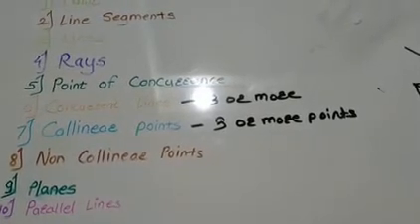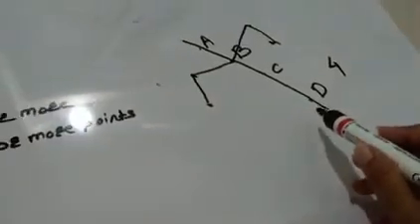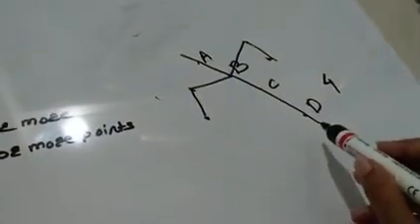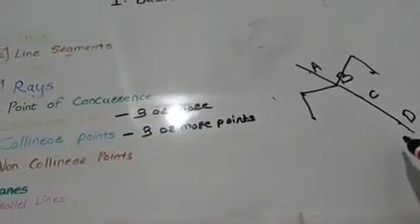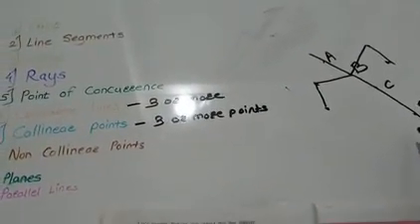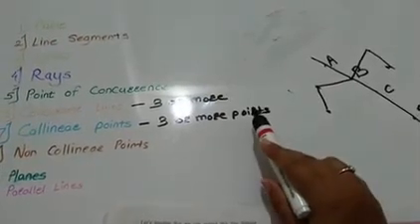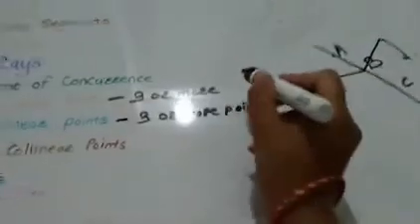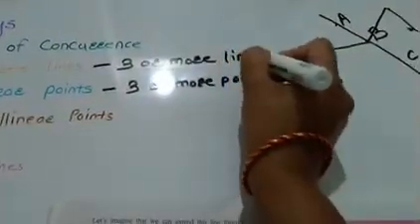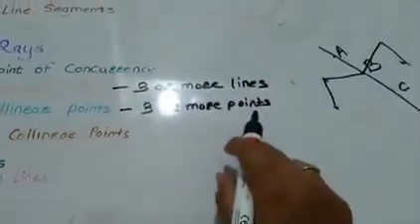So those points that are one after another and through which we can draw a line are collinear points, and those through which we cannot draw a line are non-collinear points. But the condition for both concurrent lines and collinear points is 3 or more. Here, 3 or more lines should be there, and for this, 3 or more points should be there.